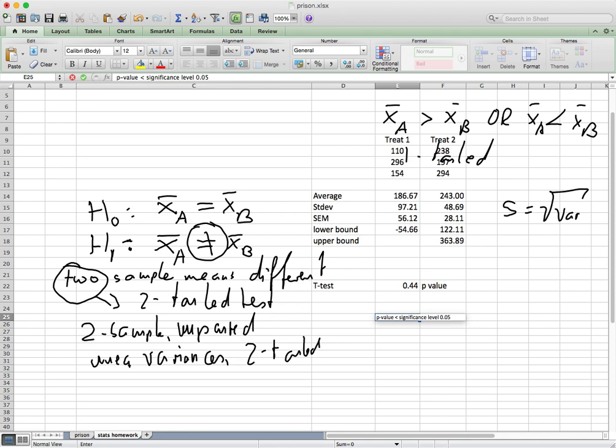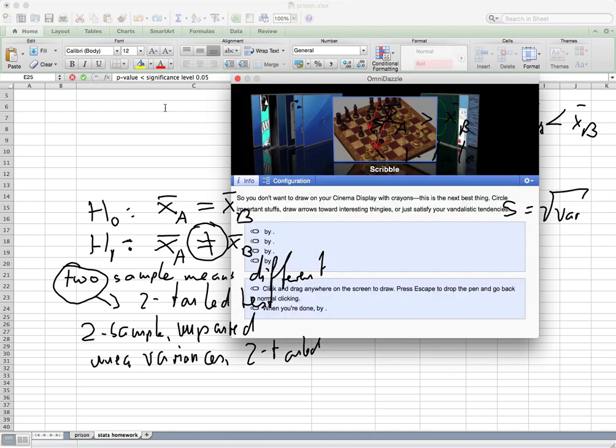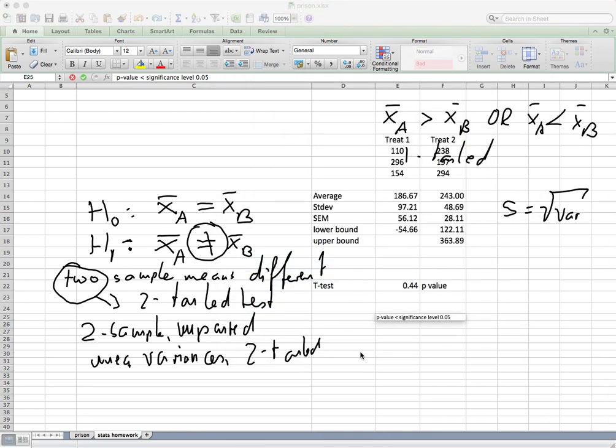And remember what I said in the lecture. Let me write this down again. If p is low, H0 must go. So if p is smaller than 0.05, we would reject our null hypothesis.